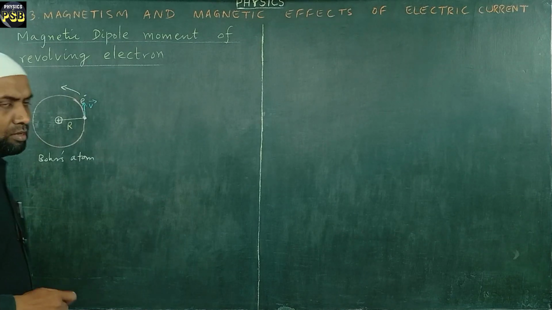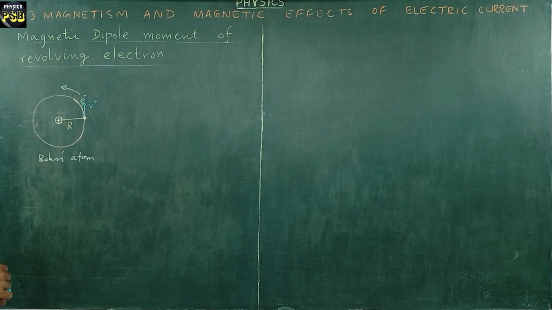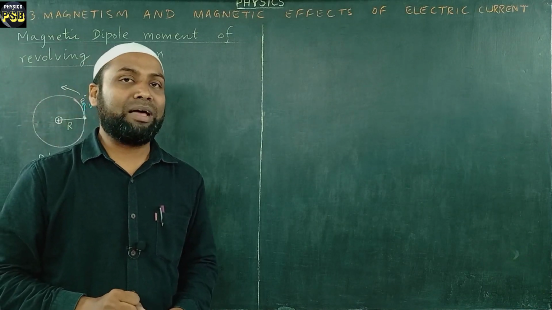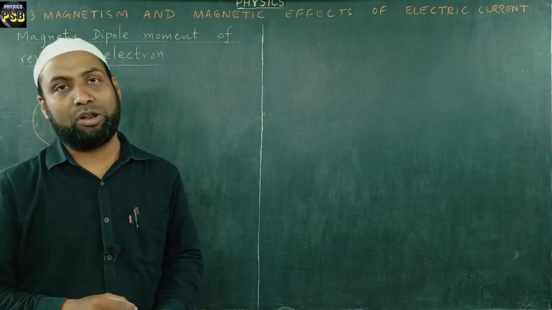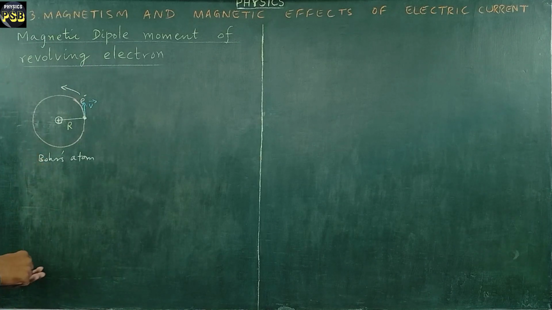This is the Bohr's atom in which electrons move in a circular path. It is applicable only for the hydrogen atom because it carries only one electron revolving around the nucleus.